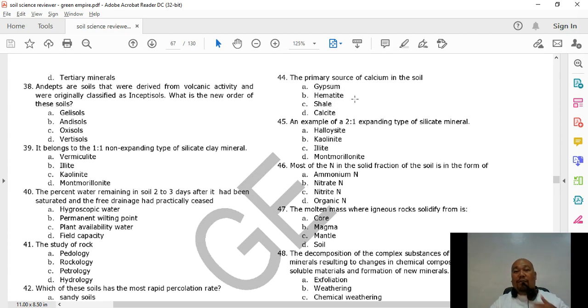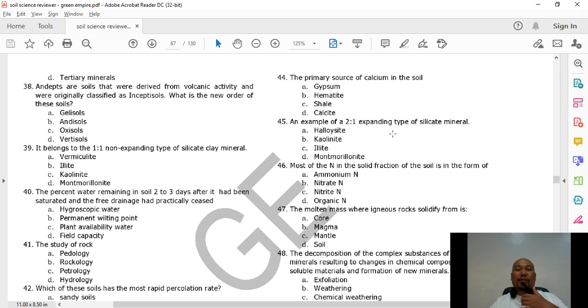Basta, calcite is the correct answer. Gypsum is calcium sulfate, like chalk. Shale is re-cemented clay. Calcite is CaCO3, calcium carbonate. Right, ma'am? Right. See? So we have a little idea.